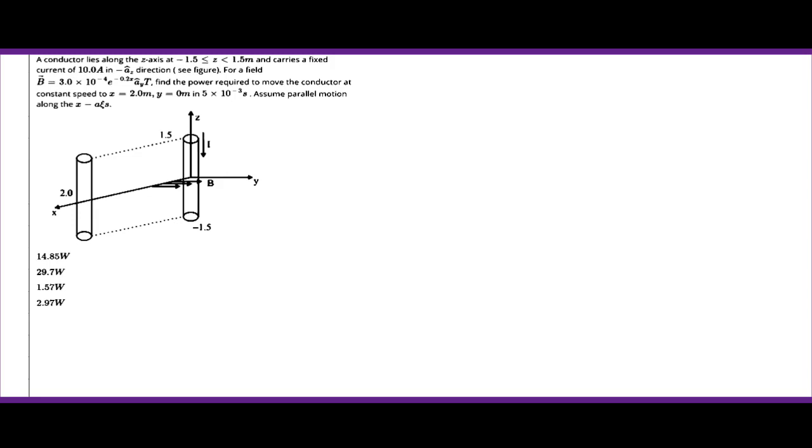The unit is Tesla. We can see this is the magnetic field which is moving towards the positive y axis. Now find the power required to move the conductor at constant speed to x equal to 2 meter, y equal to 0 meter, in time 5 into 10 to the power minus 3 seconds.